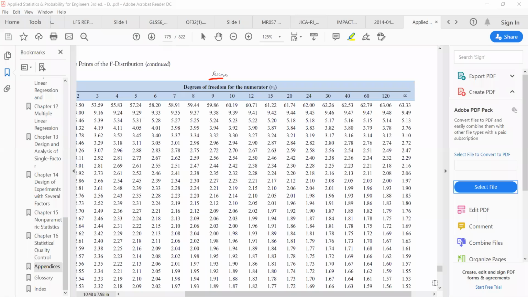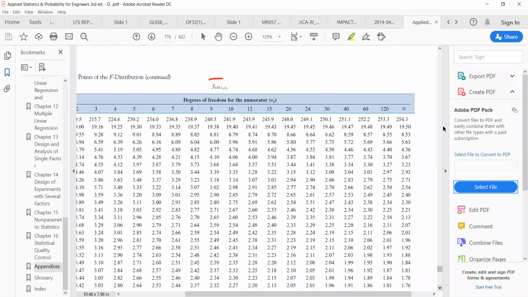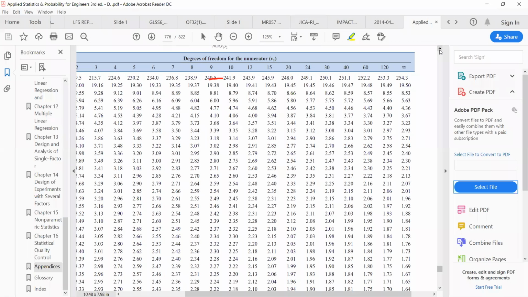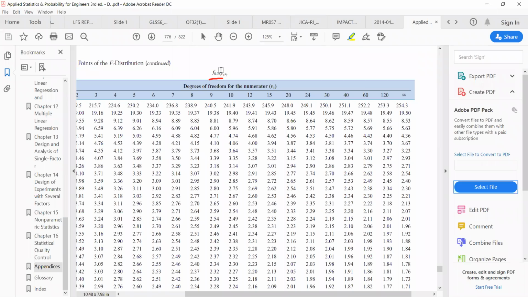So we have to go down a bit. So you go to the next table. And then we realize that we now have F with probability 0.05. This is it. So this is the table we intend reading. Okay, so F with probability 0.05. This is what we're looking for.